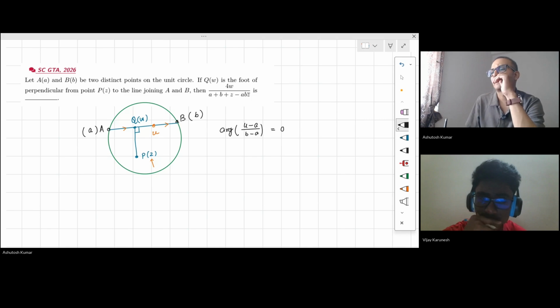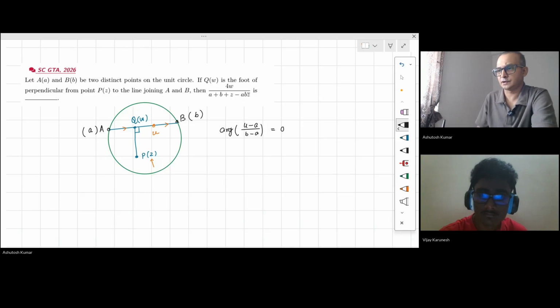Is it correct? Same direction vector. Okay, so what do you write there? Not argument. It means I can write this U minus A by B minus A is a real number, correct?